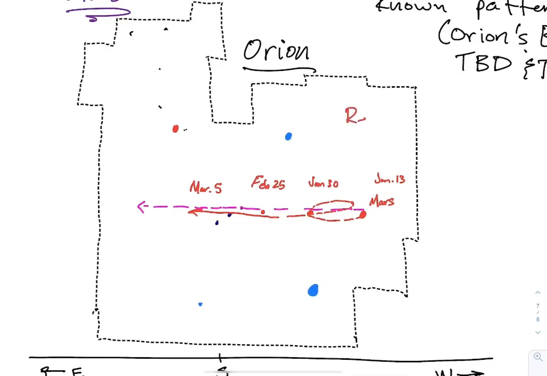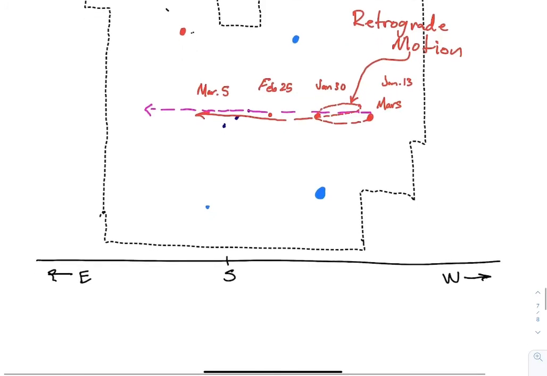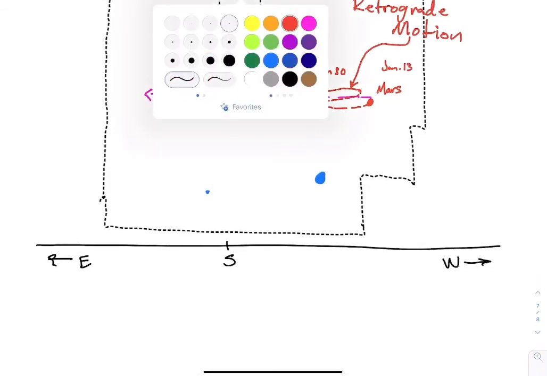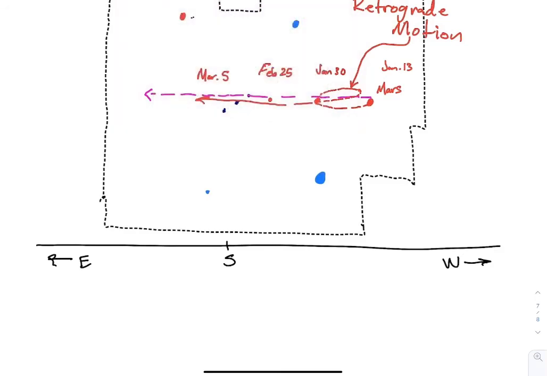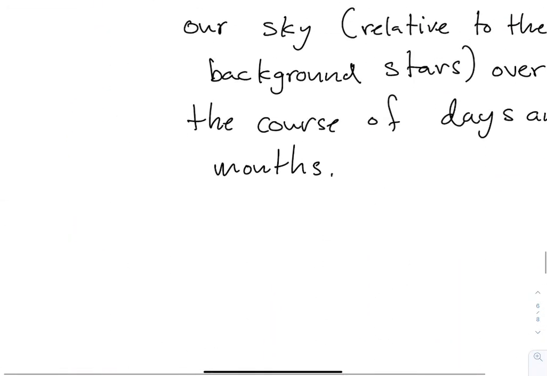This is retrograde motion. It's the backing up of Mars with respect to the background stars, and in our case, the background stars are Orion. So I'm going to define that for you. We had a definition for prograde motion. I'll define retrograde motion.